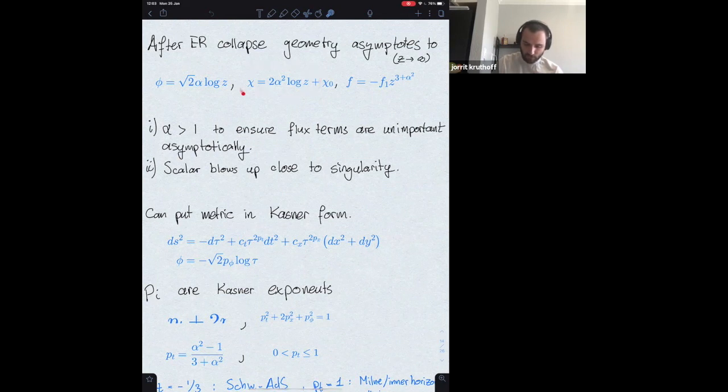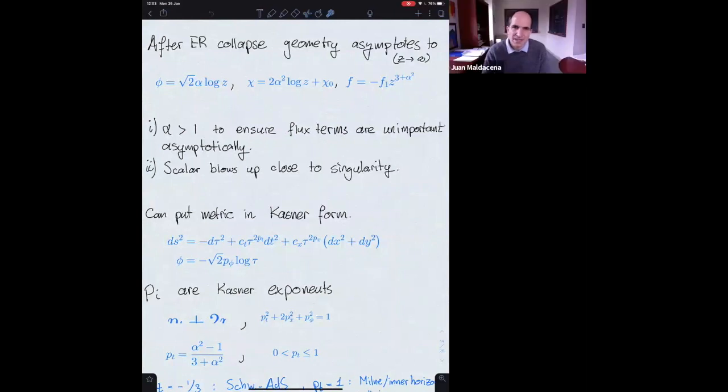So chi has also a logarithmic behavior, and then the e to the minus chi will have a power law behavior, and the function f will also have a power law behavior. And to ensure a smooth solution, so not a singular solution, this alpha parameter here, this coefficient of the log, needs to be bigger than 1, and it's to ensure that the flux terms are unimportant asymptotically.